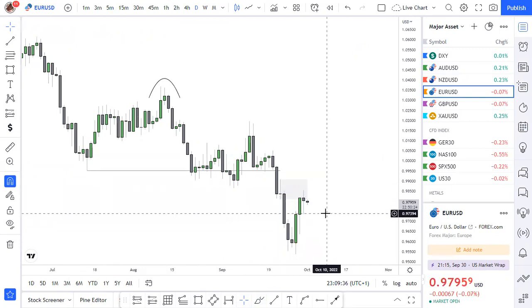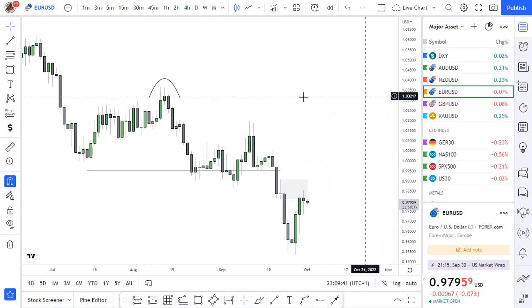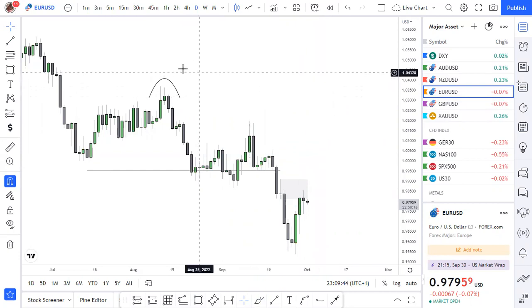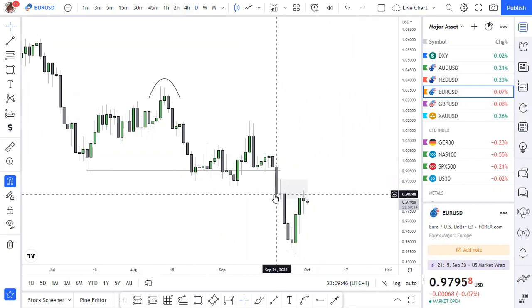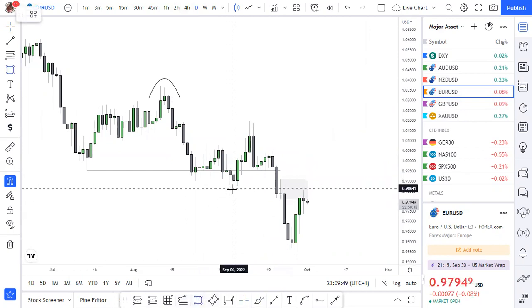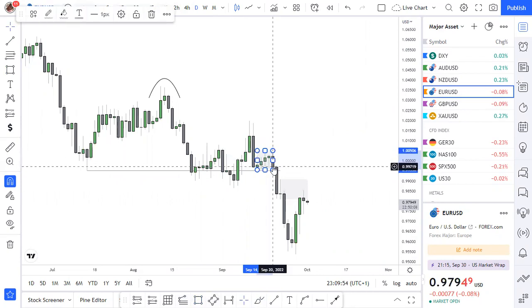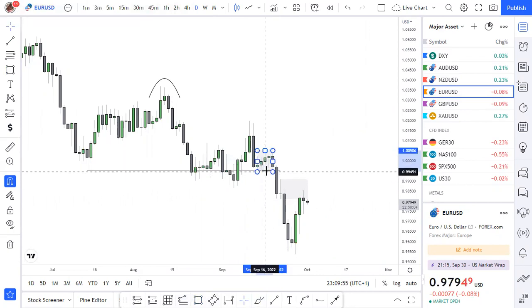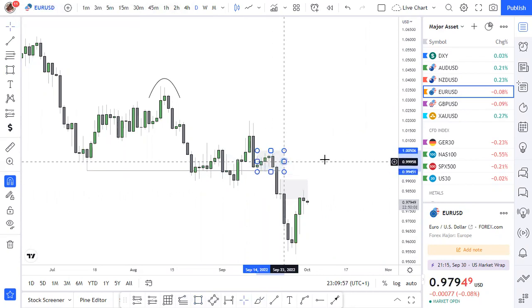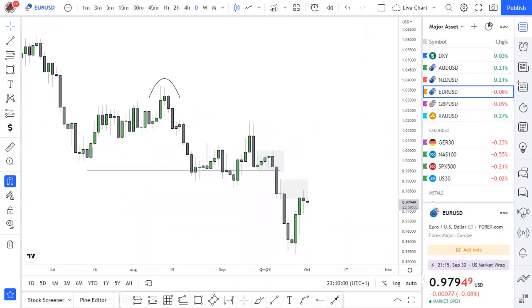So I won't really spend much time on Euro USD, so bear with me. You can look at this range, and also this range here is also valid too. This range here is also valid too. So we have multiple ranges here, but we'll study what price does within as price is pushing up.